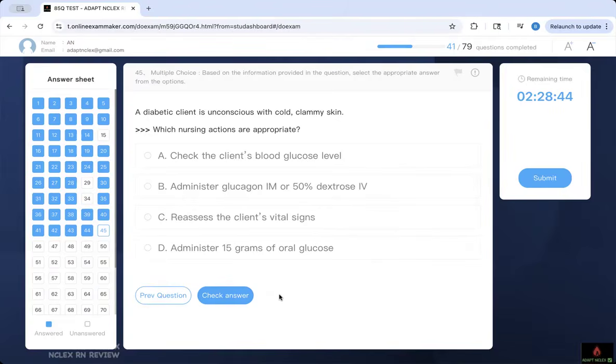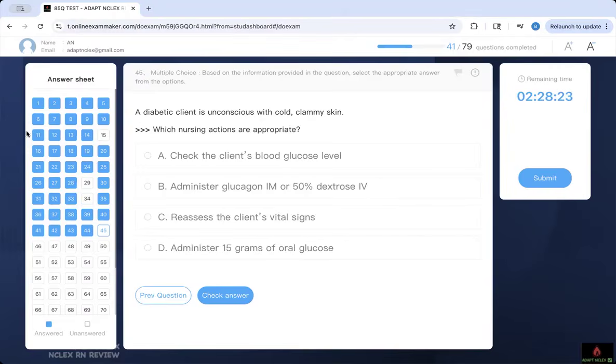What do you think in this situation? There's only one thing that can be happening to this patient. If you look at the buzzwords, unconscious, cold, and clammy skin, the patient is probably hypoglycemic. And he's unconscious. That means you cannot use their mouth.